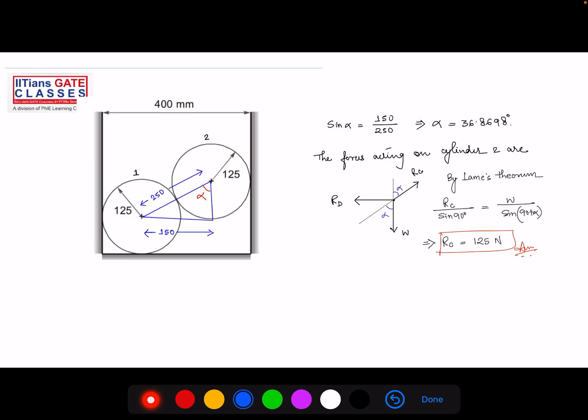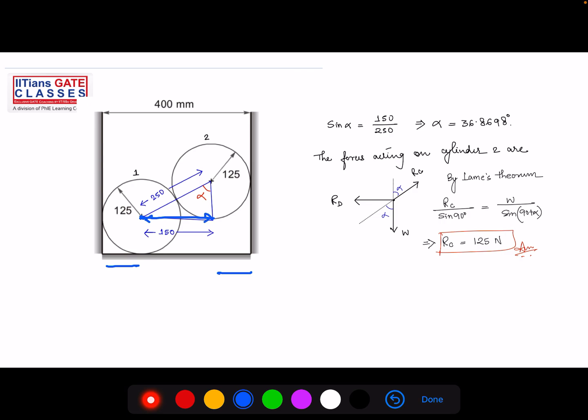So this is how you can calculate the dimensions. The radius of the sphere is 125, so definitely this distance is going to be 250. Now this is given as 400. This is the 125 radius of sphere 1, and this is the 125 radius of sphere 2. So what is the horizontal distance between the centers?